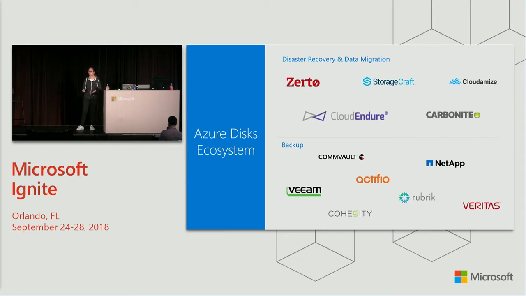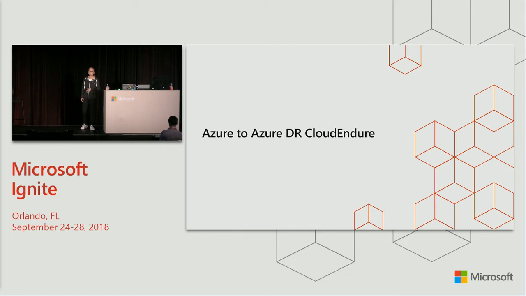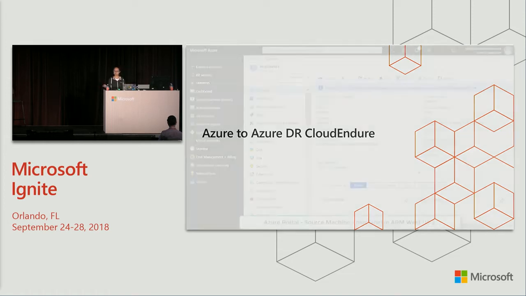This is to ensure that you can always use your most familiar backup and DR solutions on Azure. This week, CloudEndure has announced managed disk support for their VM failover for all the 3 scenarios I have mentioned before. Now let's take a look at how their failover works.